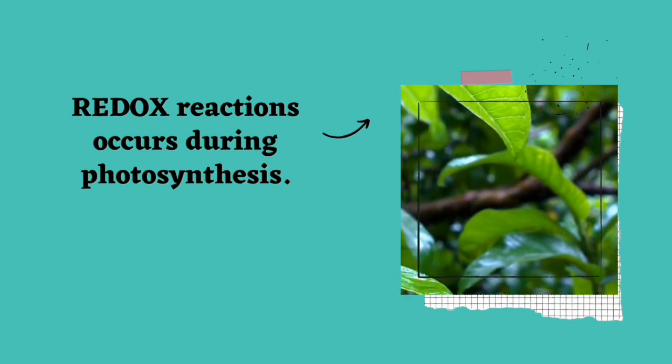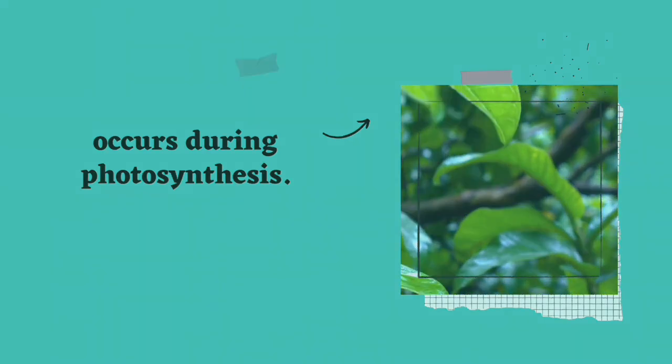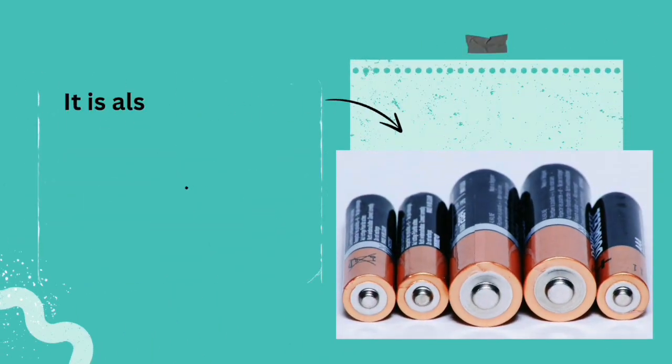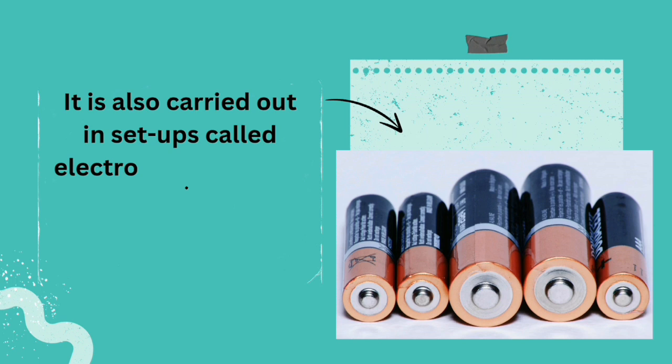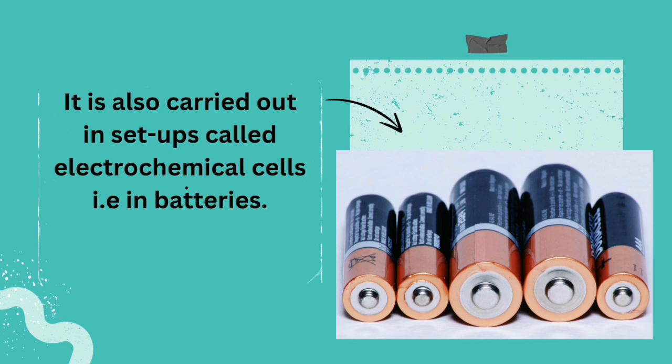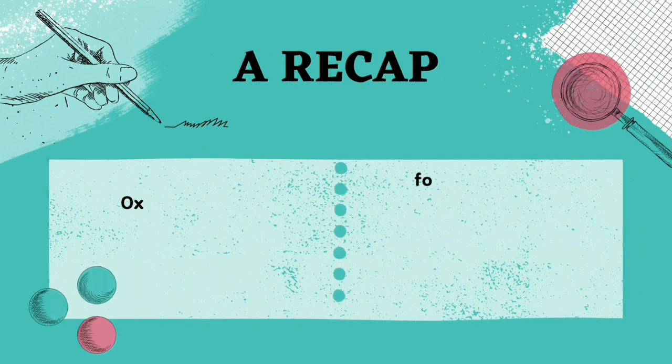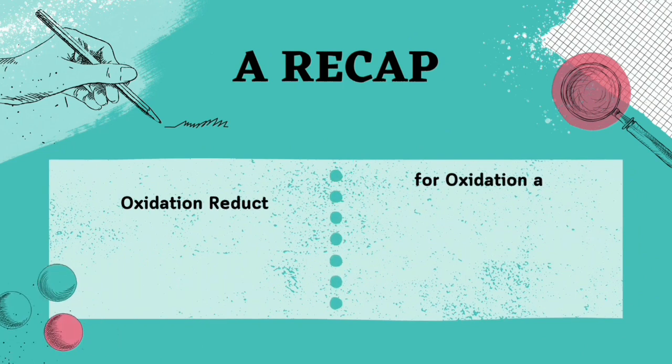It is a typical oxidation reduction reaction and a chemical process. It is also carried out in setups called the electrochemical cells. Yes, you have seen batteries, right? Typically, oxidation reduction occurs. So next time when you turn on your torchlights, know that oxidation reduction happens then.